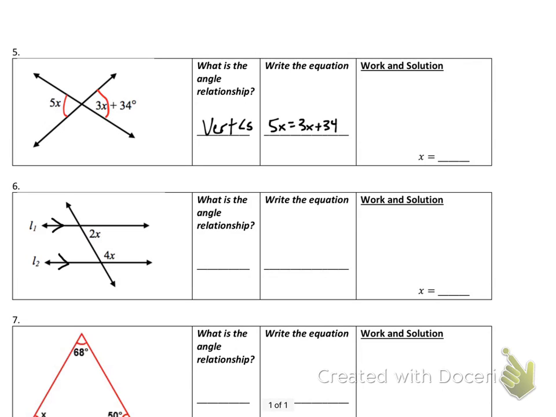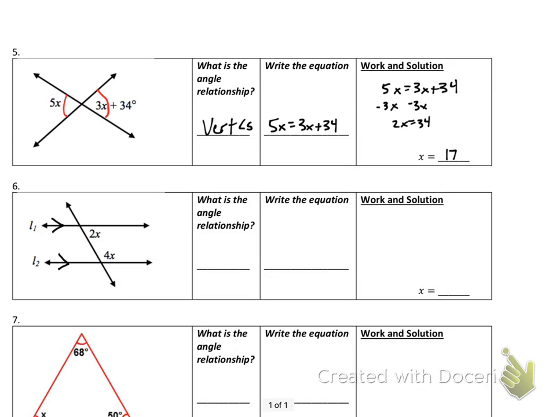And now I can do my work. I want to get all my x's to the same side, so I'll actually leave that 34 alone, subtract the 3x from both sides, and I get 2x equals 34, divide by 2, and x equals 17.